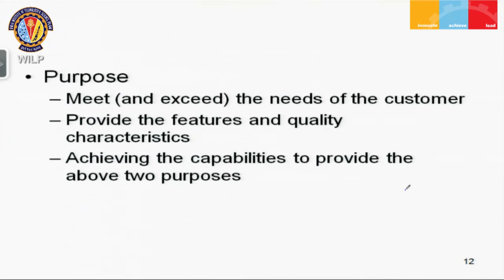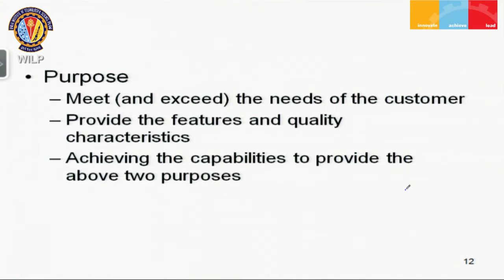When you talk about the purpose, it ideally should be, in most business types of systems, to meet and hopefully exceed the needs of the customer. Okay, you need to understand and satisfy what the customer requires, because without that you will not exist as a business.